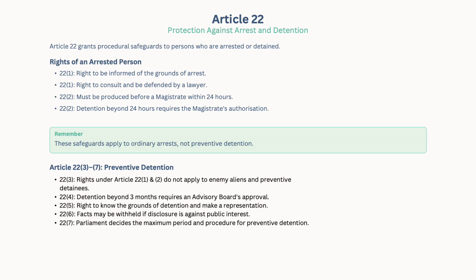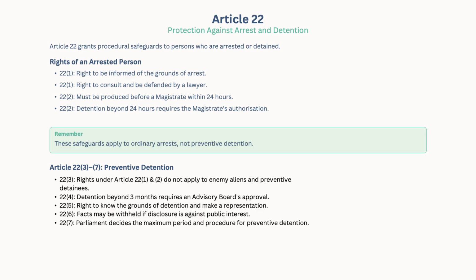Again, this is a fundamental right for arrest as well as preventive detention. If you are arrested for a crime that you have committed or may not have committed, you have the right to be informed of the grounds of arrest. You have the right to consult a lawyer and also be defended by a lawyer.